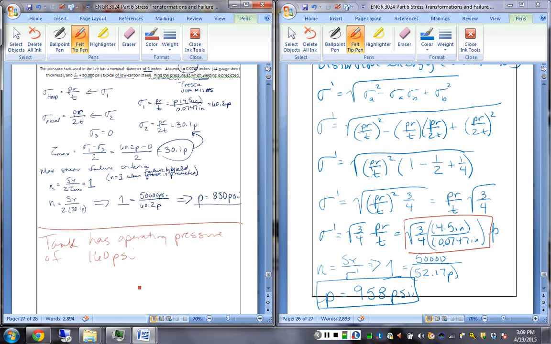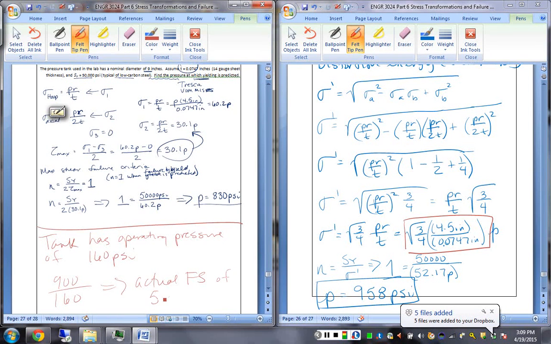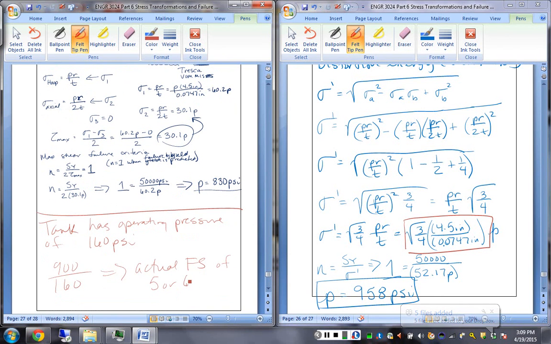So very roughly, 900 over 160 gives you an actual practical factor of safety of 5 or 6, which is a typical value for pressure vessels.